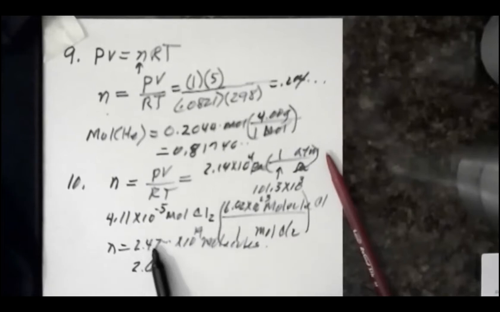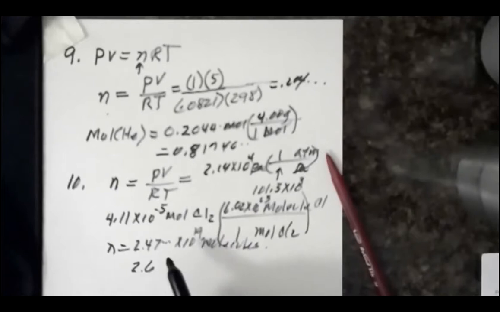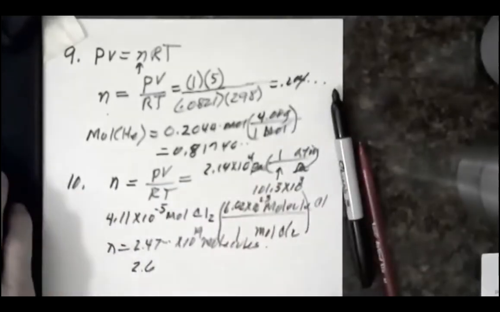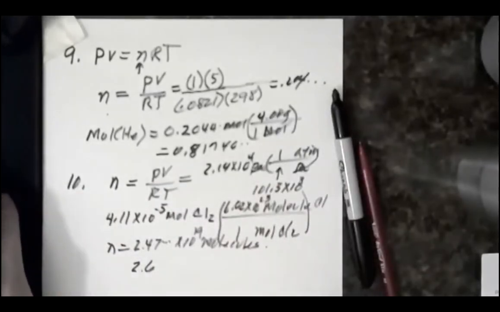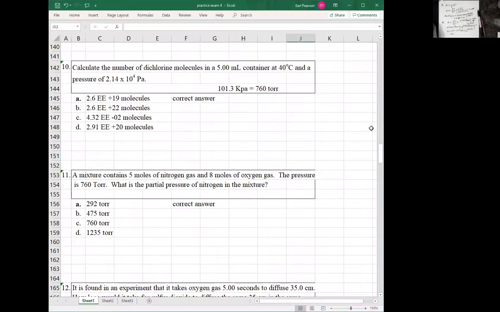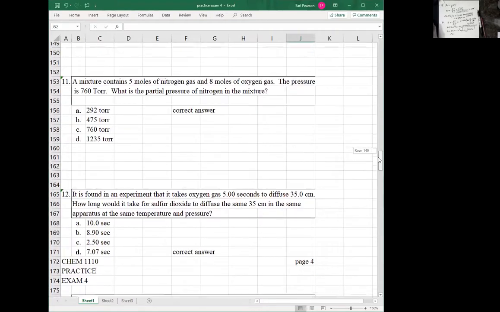No, it's not. 2.6 versus 2.5. That's still plus or minus 1 in that 1 decimal place. So that's acceptable. All right, so let's go back and get the next one. Ready to do number 11 now.